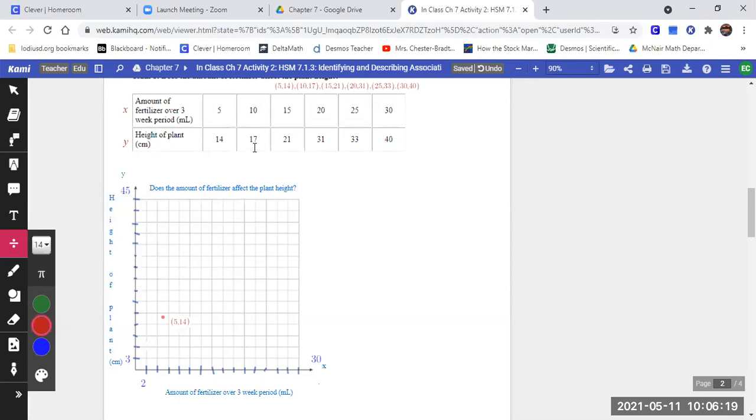Okay, 10, 17. About where is that going to be? How much over for 10? How many lines over would 10 be? 5 lines. Okay, so let's get to the 5th line. 1, 2, 3, 4, 5. And then we have 17.